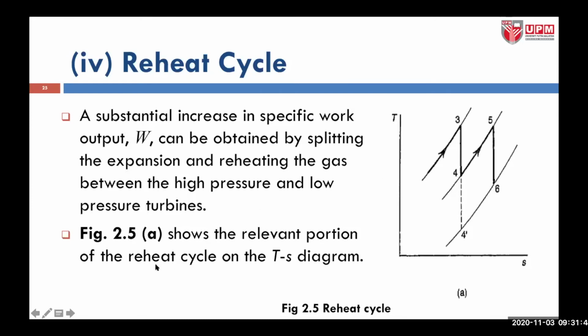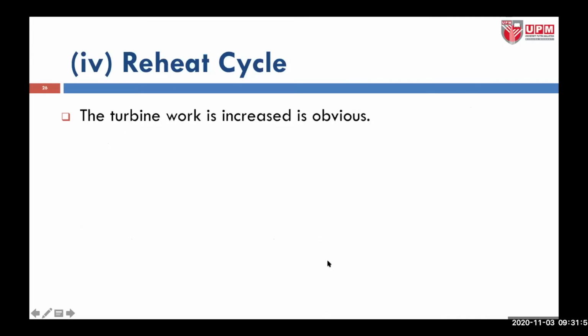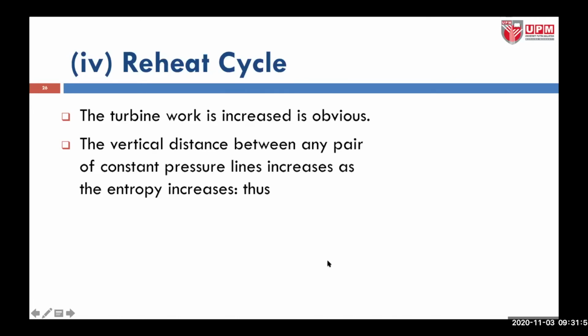So we show the relevant portion of the reheat cycle on a TS diagram. That the turbine work is increased is obvious. Of course you reheat the gas twice in the combustion chamber, meaning that the temperature goes much higher, and the vertical distance between any pair of constant pressure lines increases as the entropy increases.